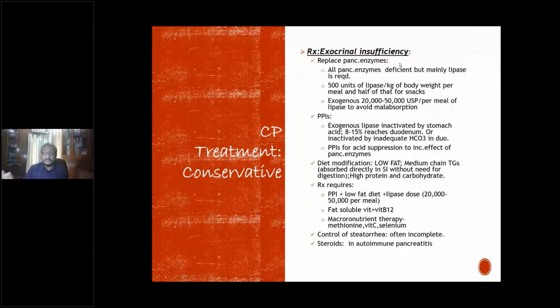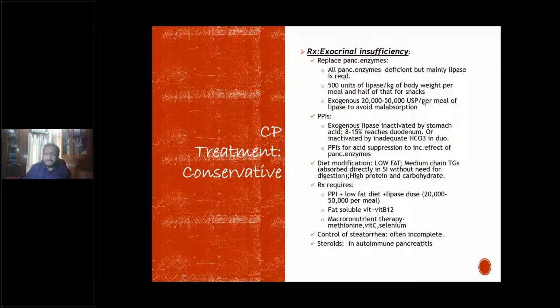So you're just going to replace the pancreatic enzyme, and as a rough measure you can give exogenous 20,000 to 50,000 units of lipase per meal. And why lipase? Because mainly lipase is required among all the pancreatic enzymes. Lipase is the most important component. So to avoid malabsorption, lipase is required, and the dose of lipase is 20,000 to 50,000 per meal in an adult.